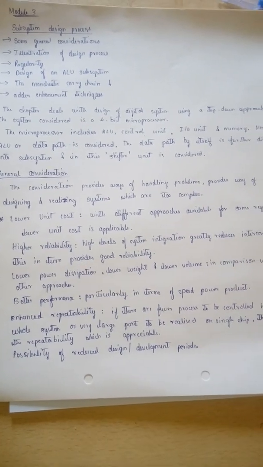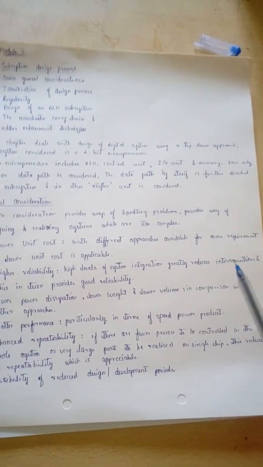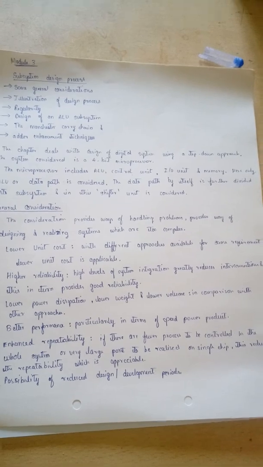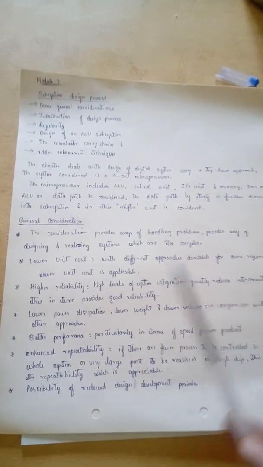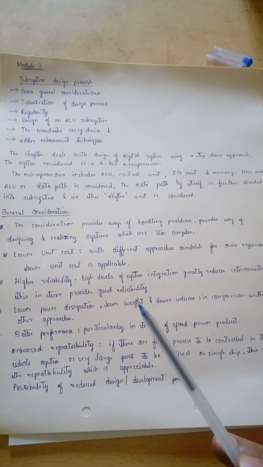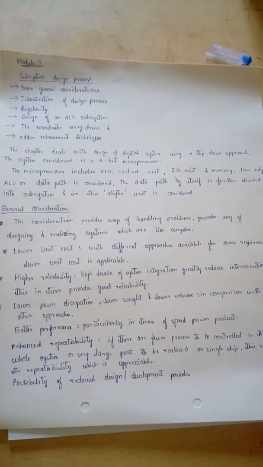Then there should be high reliability. High levels of system integration greatly reduce interconnection, and this in turn provides good reliability. It should be more reliable. And next, there should be low power dissipation, lower weight and lower volume in comparison with other approaches.